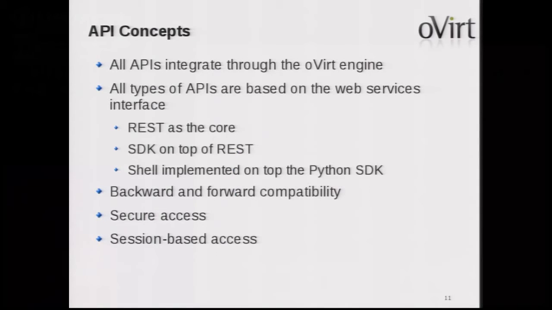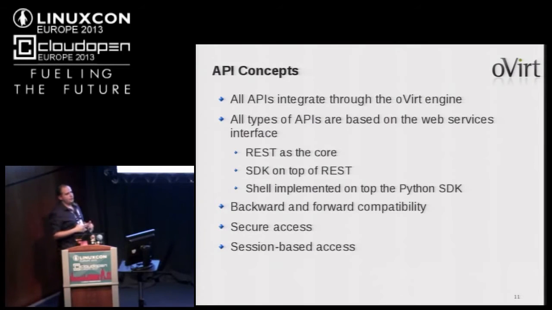The concepts of the API, and when I say API here, I mean all the types of APIs, is that they are all integrated through the oVirt engine. And they are all based on the REST as a core, the SDK on top of it, and the shell on top of that, as I said earlier. Another thing that's very important for us is backward and forward compatibility.